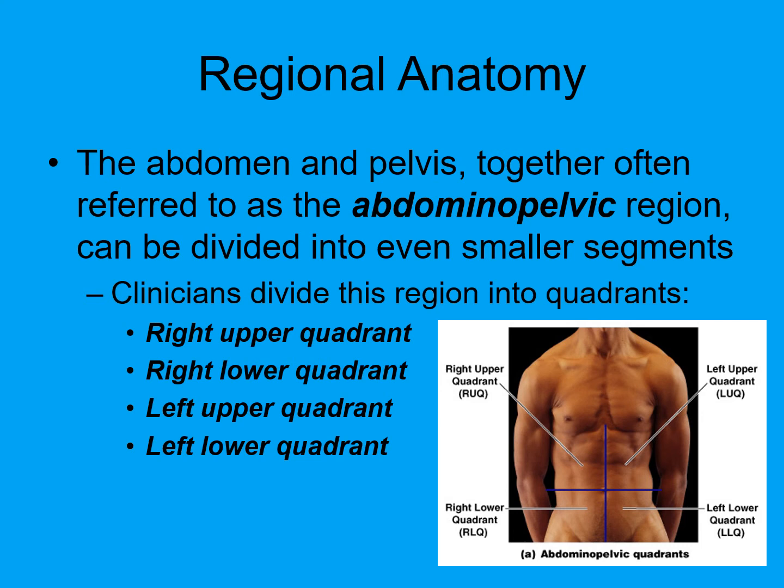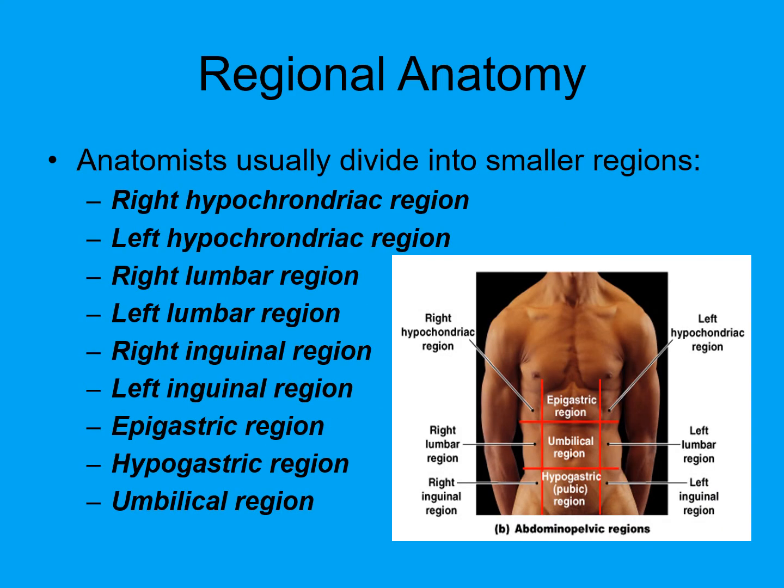This is going to help you localize sometimes by region. Maybe a patient comes in saying, well, I have some pain right here. Well, you can say, okay, it's in the right upper quadrant. It's a way of starting to narrow things down to help make a diagnosis. And keep in mind, when you're out working in the medical field, you're often writing notes down or dictating notes.